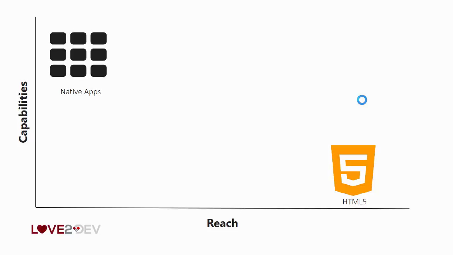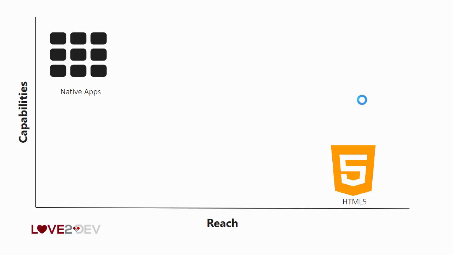They're more tightly integrated into the platform. They have the ability to do offline, although I rarely ever see a native application actually work offline. And they have the ability to do things like push notifications when a user doesn't even have the application loaded. And so that's a clear advantage that native applications have.